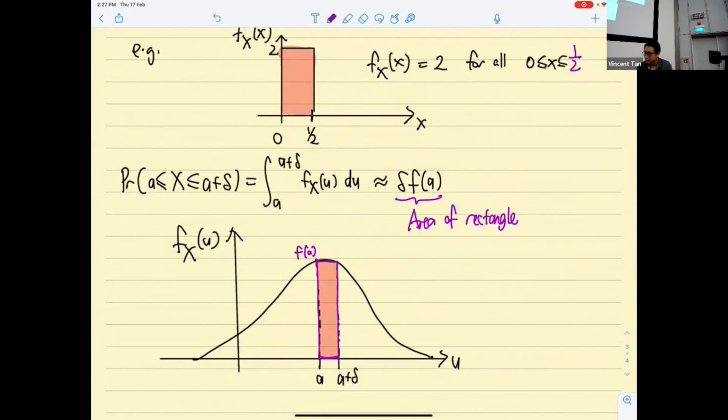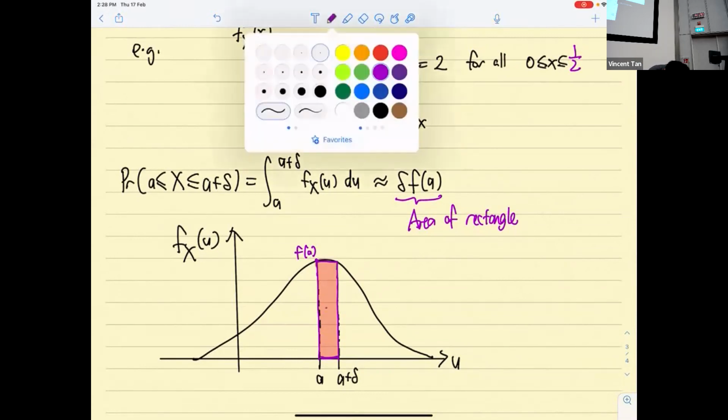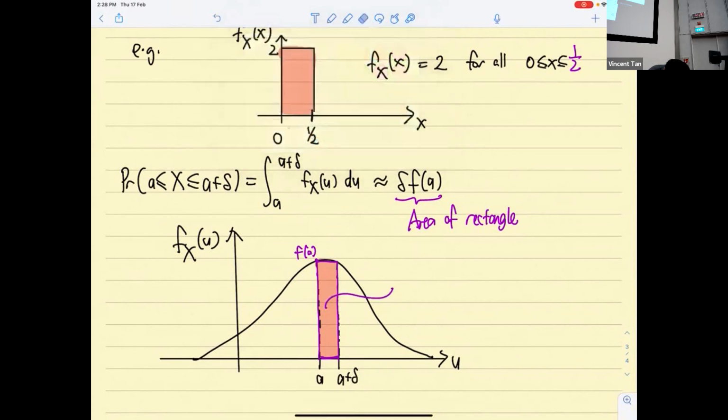Alvin G, do you agree that the area is delta times f of a, which is approximately the integral from a to a plus delta of f_X of u, just by the picture? So the exact area, let me use the red color, under the graph is the integral from a to a plus delta of f_X of u du.